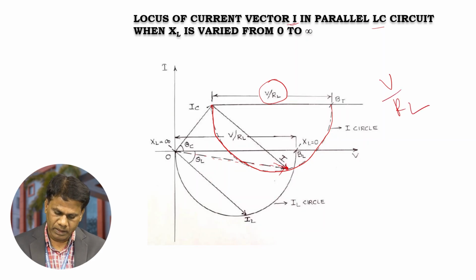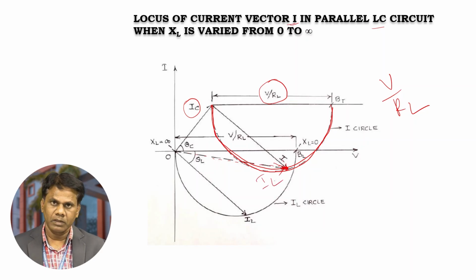I am drawing the circle, or path, traced by the tip of IC and the tip of the variable element IL. Let us consider the point C. The locus of this point C gives the locus of the total current I in the LC circuit.